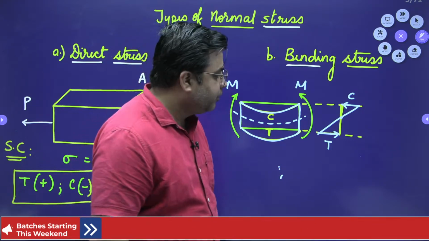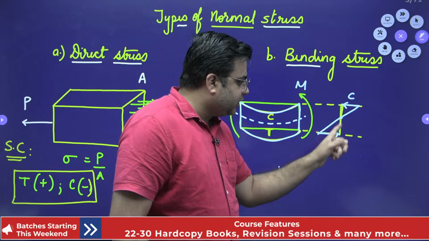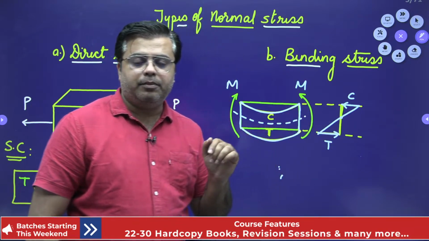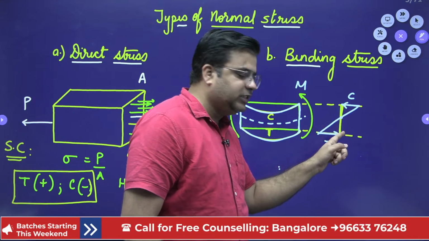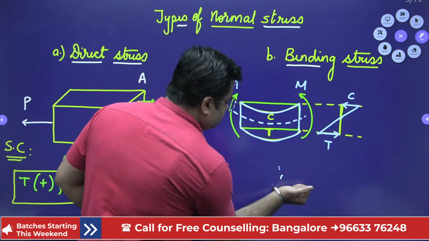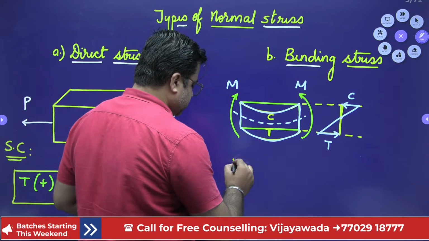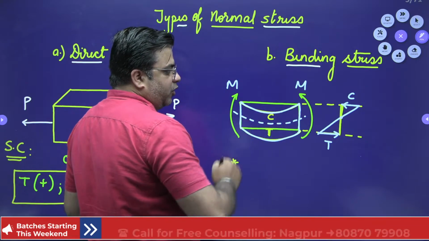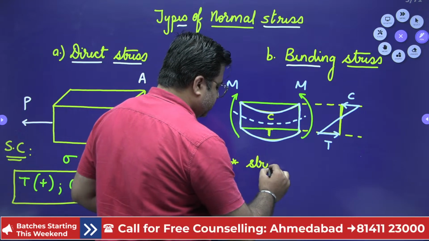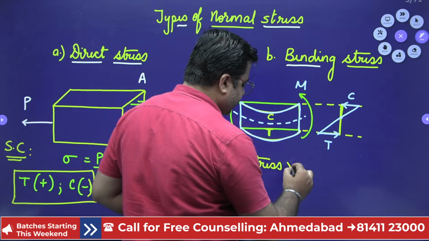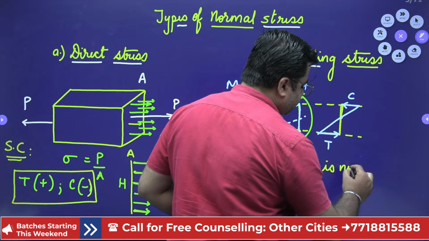One more thing, in the entire depth of the cross section, the stresses are not uniform, means the stress value is not constant. It is constantly changing. So bending stress is a type of normal stress, and the stress value is not uniform.